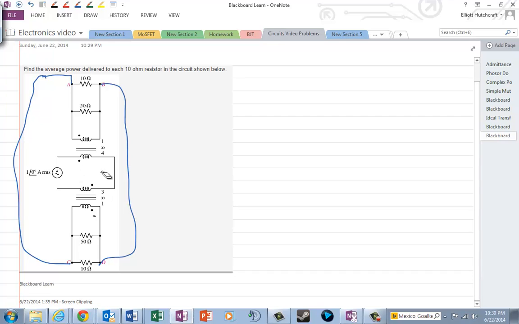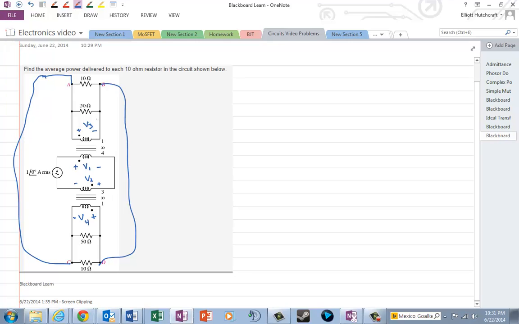If we use the standard equations, we should call this, like we did before, V1, this can be V2, this should be, I think I called it V4, excuse me, V4, and this one can be V3. Okay, so we label them all with the dots.